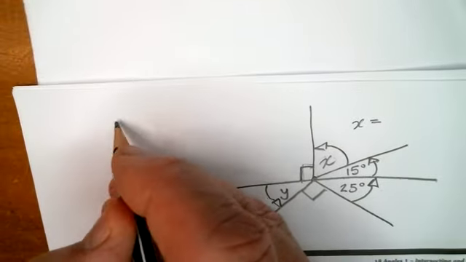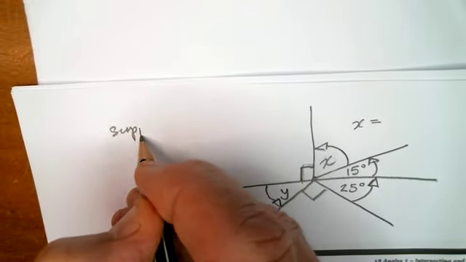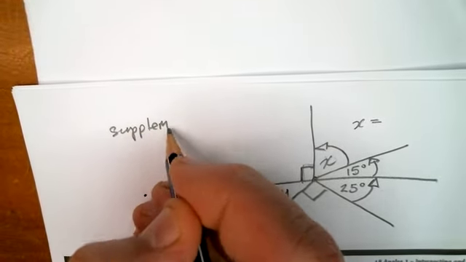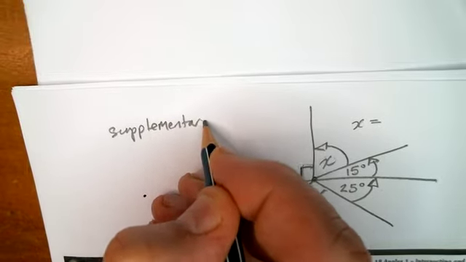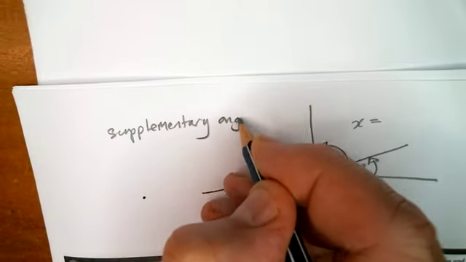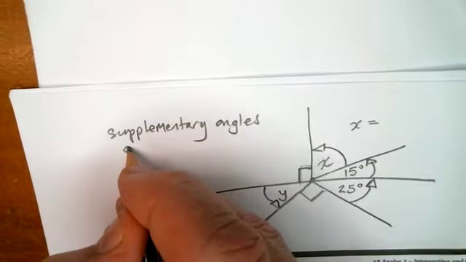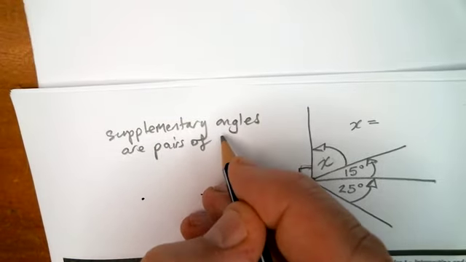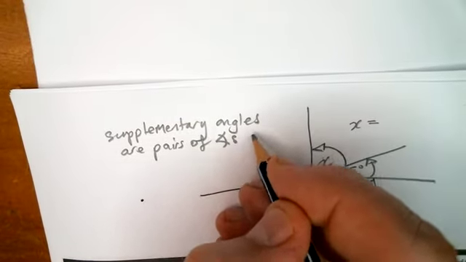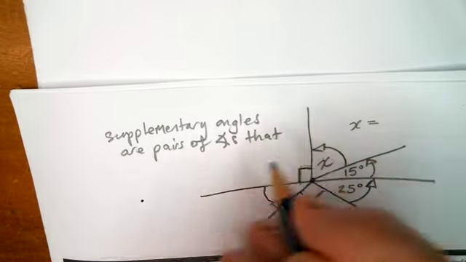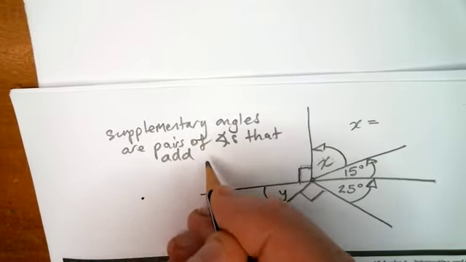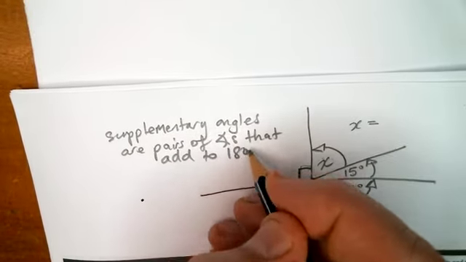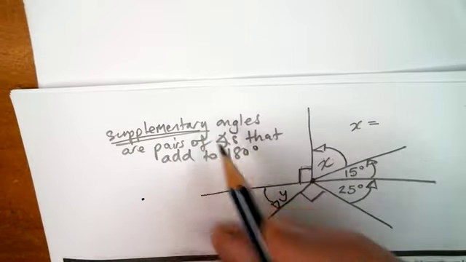So supplementary angles are pairs of angles that add to 180 degrees. And that's supplementary angles.